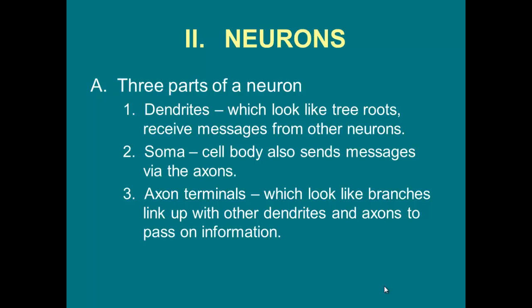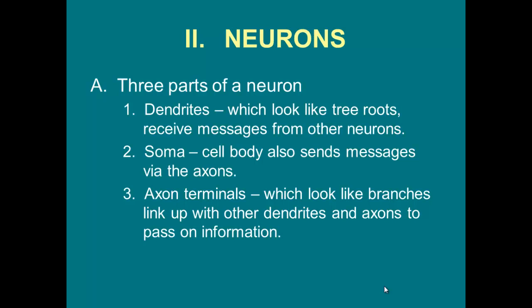So if my left arm was a dendrite, it looks like these big tree roots. And what a dendrite does is receive information from the other neurons. So the dendrite takes in information from the other neurons and brings it down to the soma. The soma is the cell body.